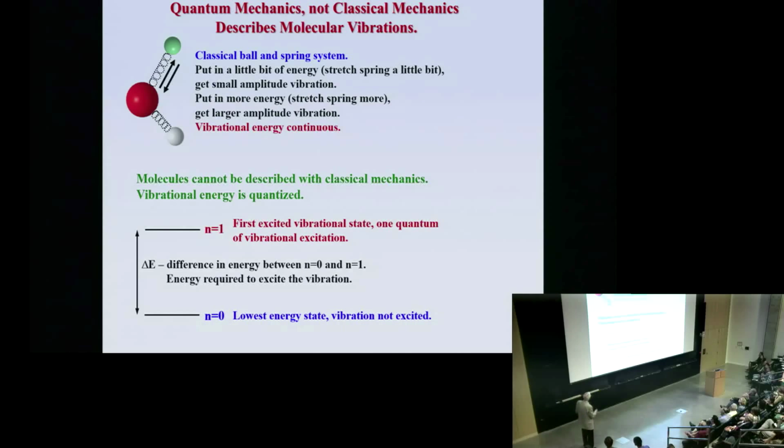Okay, so this is delta E, and that energy is related through this formula made famous by Planck and Einstein, where this energy is h nu. This is a constant called Planck's constant times the frequency. So there's only one frequency of light that will allow you to excite this vibrational oscillator.